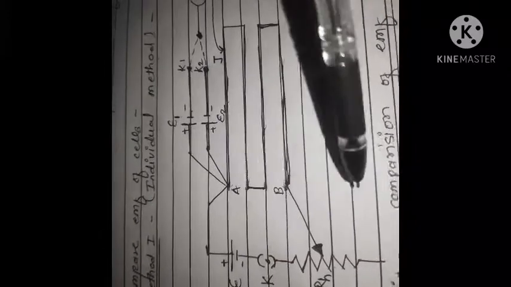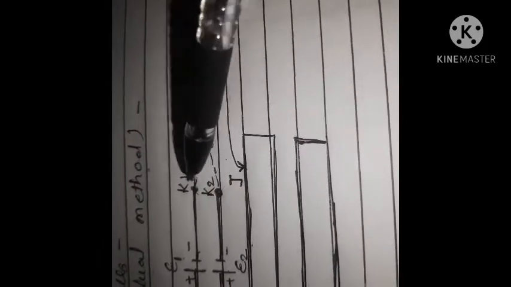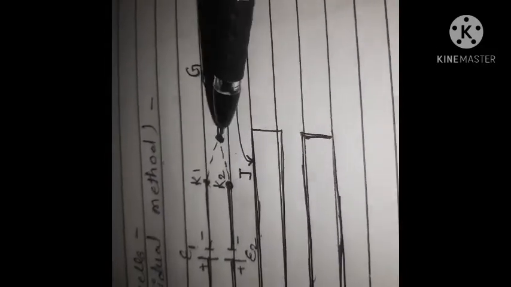Now we will start the working of the potentiometer for comparison of EMF. First, key 1 is kept closed and key 2 is kept open.